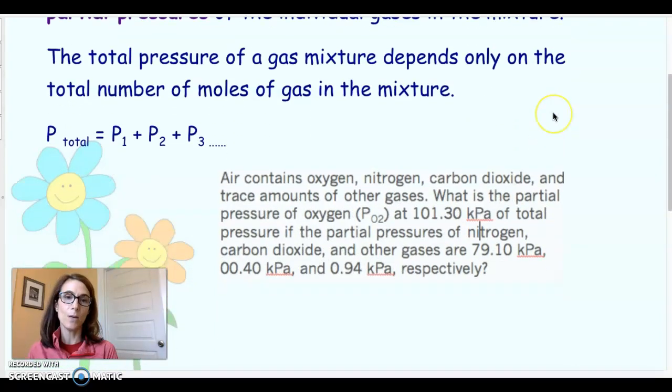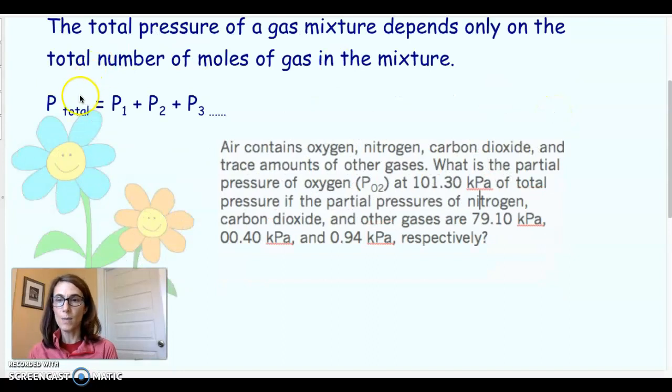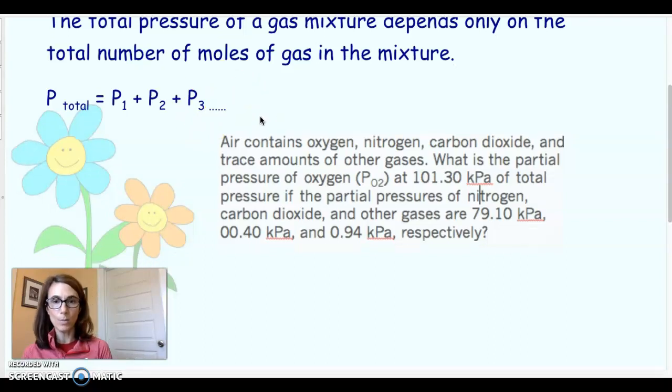The formula that we use is P total equals P1 plus P2 plus P3, et cetera, where each of these pressures on this side are just the individual pressures of the gases in the mixture. So let's try a couple of problems.